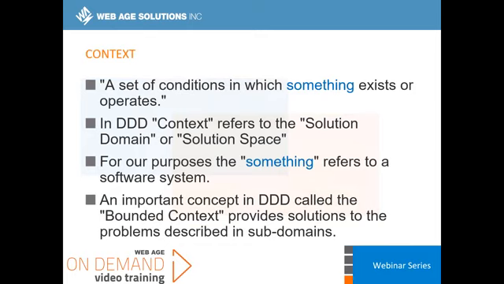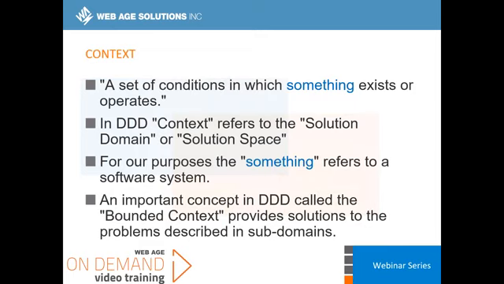As we talk about the grouping of things and the mapping of our domains to various implementation, moving down the strategic design approach, we need to talk about context.